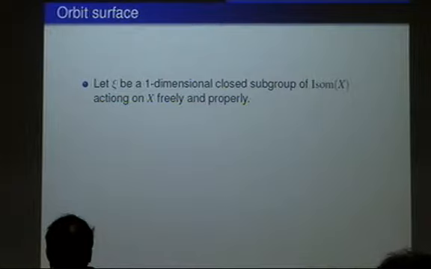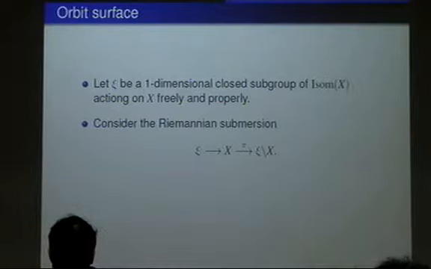Then if we mod out X by the action of Xi, we get the orbit space, which becomes a two-dimensional manifold, that means a surface, because of these properties. So if we have this kind of Xi, a one-dimensional closed subgroup of the isometry group, then we can get a Riemannian submersion.